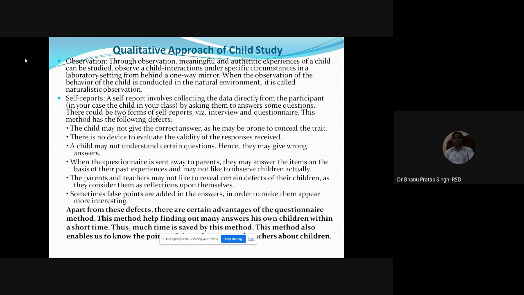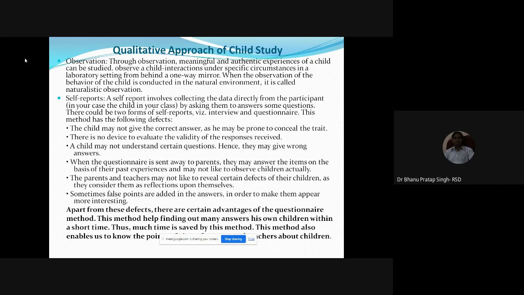So what are the defects? The child may not give the correct answer, as he may be prone to conceal traits, because he may be introvert. He is aware of the answer, but he hesitates to respond. Further, there is no device to evaluate the validity of the response received. The question should be directive and meaningful.